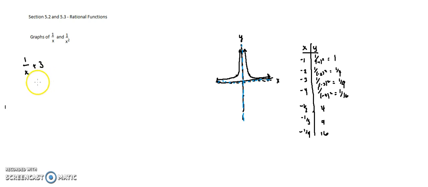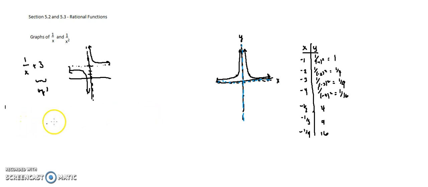So this plus 3 is going to move the picture up 3. And remember, to move these, we're going to move the asymptotes. So we're going to go up 3, 1, 2, 3. That's the new place for our asymptote, like this. And we fill in with the 1 over x picture. So we've got an L-shaped piece there, and an L-shaped piece there.